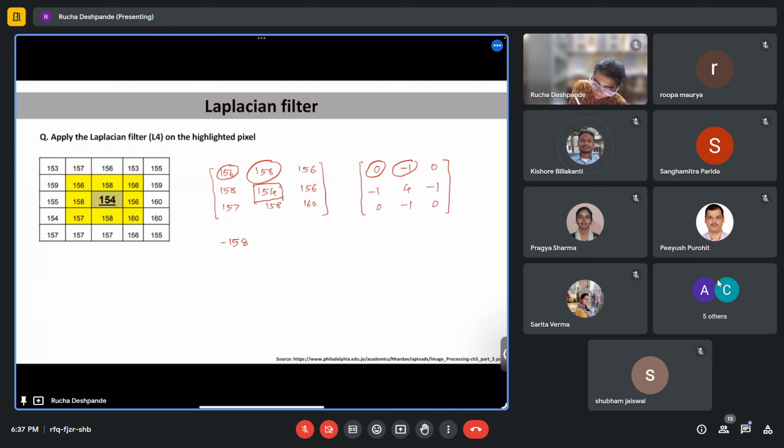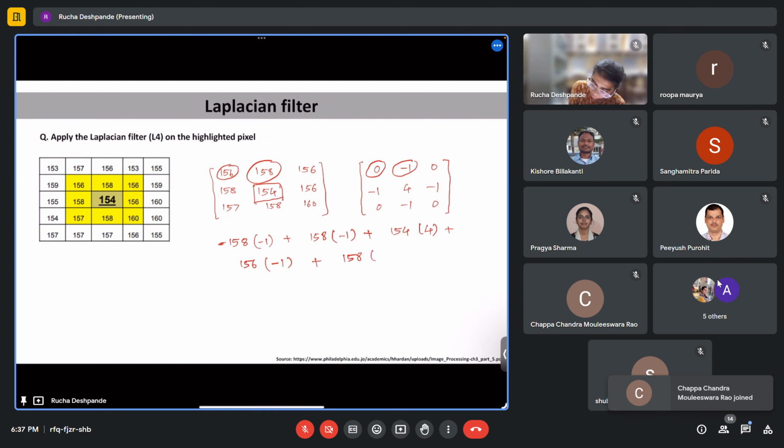So it would be 158 into -1 plus... I was getting around -40.